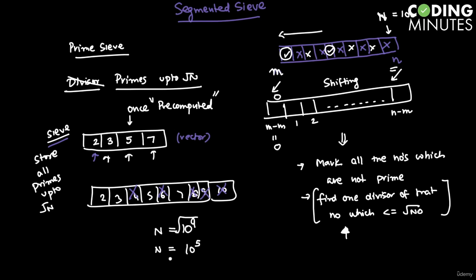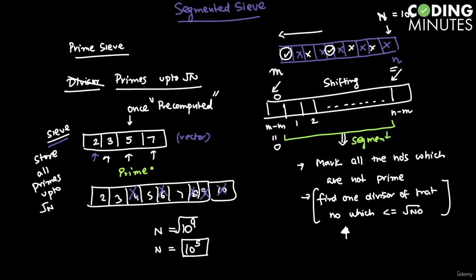So I will compute all primes up to 10 power 5 and store them inside a vector. Using that vector, whatever query from m to n I get, I construct an array of this particular size, and I iterate over the prime numbers and mark the numbers inside this segment. We call this array the segment, and we call the other array primes.